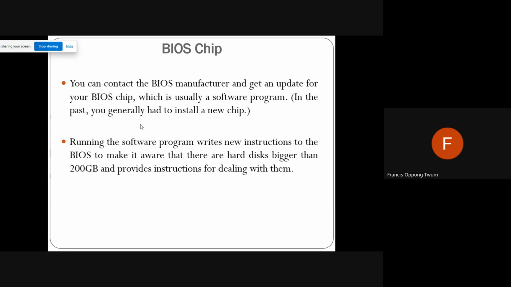In the past, you generally had to install a new chip, but now you can do an update. As you run the software program, it writes new instructions to the BIOS to make it aware that there are hard disks bigger than 200 gig, and it provides instructions for dealing with them.